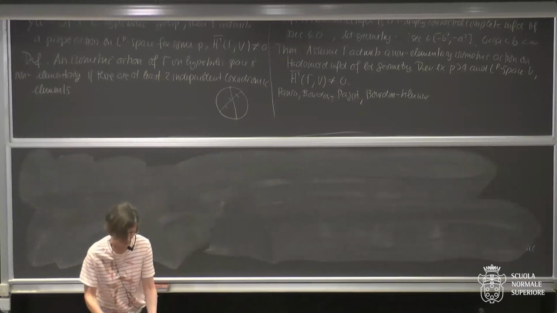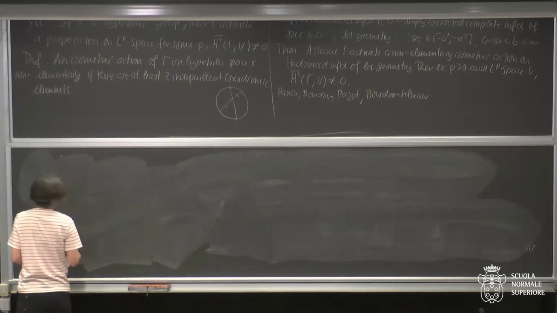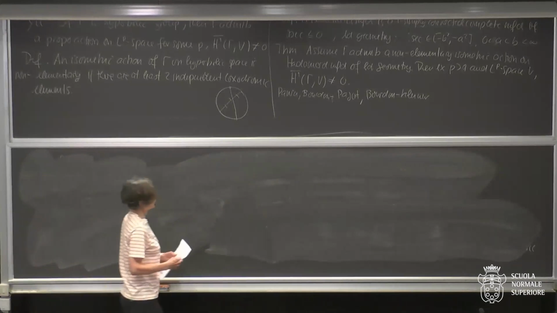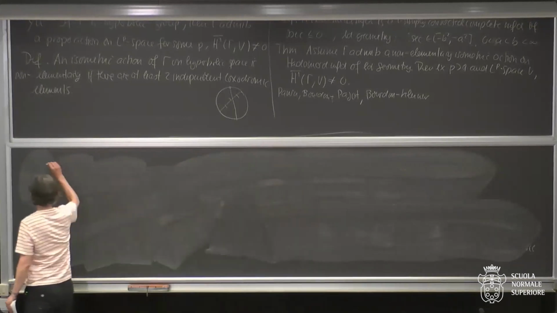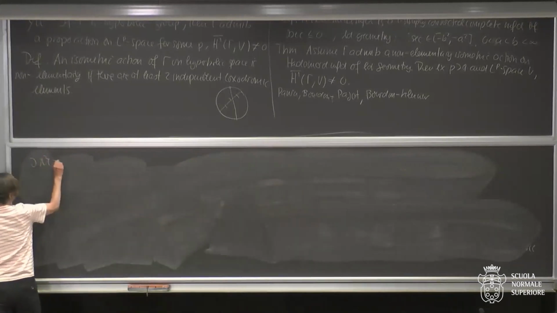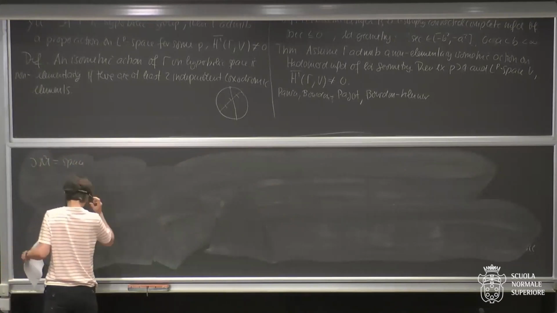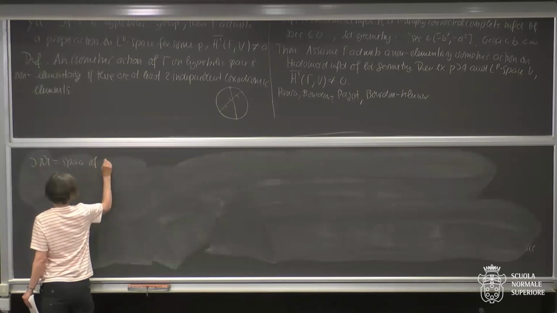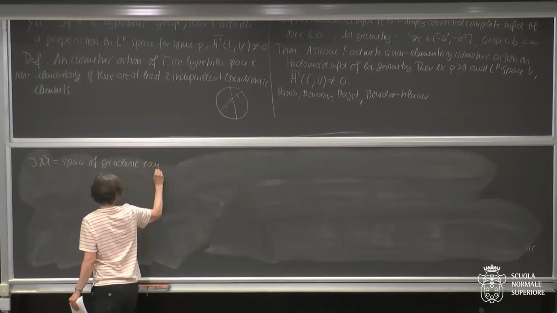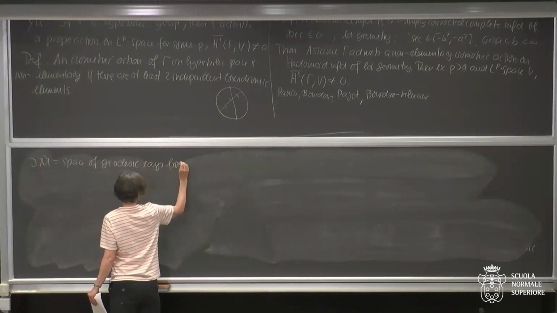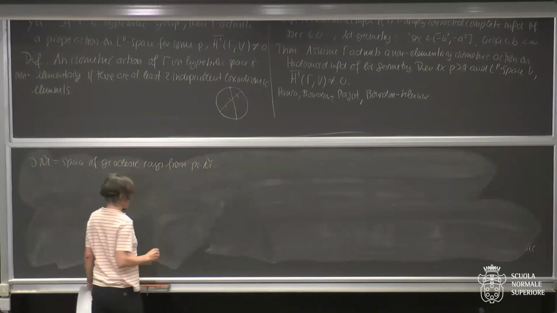So we start off with something that is really metric analysis on the boundary of this space. So the boundary of this Hadamard manifold, let me write this down just for the sake of completeness, is a space of geodesics, of geodesic rays from a point x in M. So it doesn't matter which point you take.